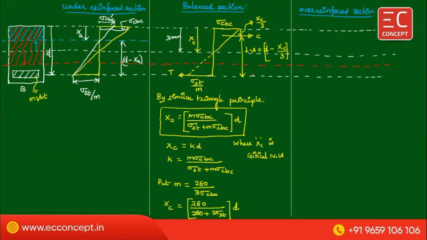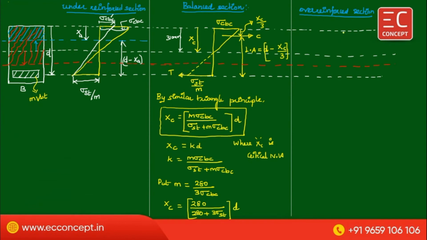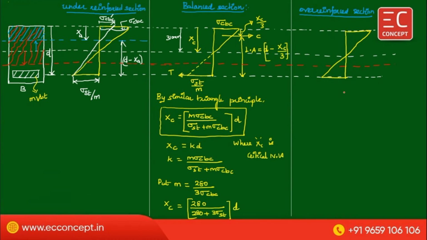Now the stress block is something like that. Listen carefully. This is the stress block of the over reinforced section. Because the steel area is more, the steel takes lesser stress than concrete.